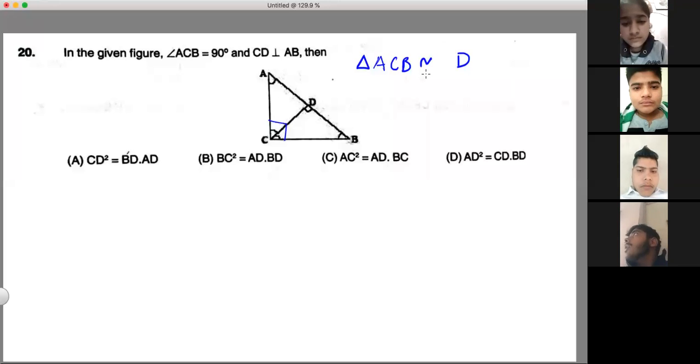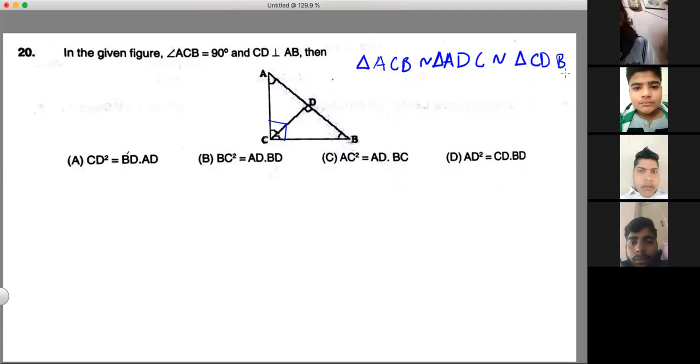Triangle ADC is similar to triangle CDB. So this we should always remember without needing to prove it. It's an easy proof, but in such questions we don't have to prove this. We can start from here. So these all are similar triangles.